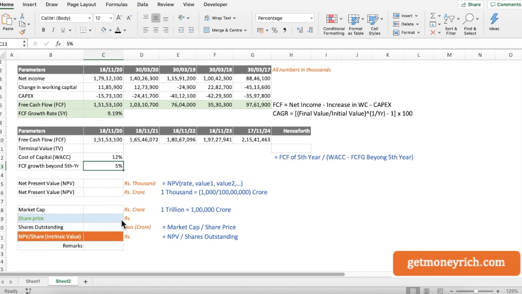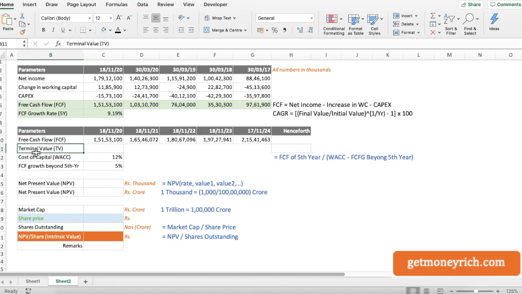So I think, and even the experts say this, that it is better to be slightly defensive when you are estimating the free cash flow growth rate for a company beyond the 5th year. So 5% here, and 12% weighted average cost of capital is fair enough. So let's now use these two numbers to calculate the free cash flow of a company beyond the 5th year.